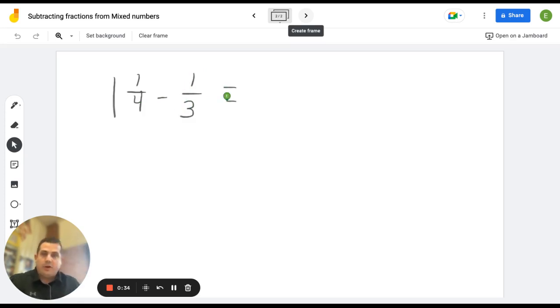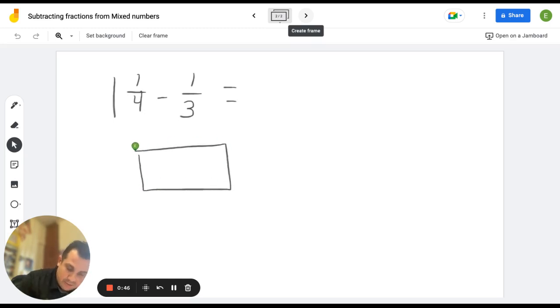1/3. All right, so the first thing we need to do, we went over, is we're going to model the 1 1/4. So I'm going to draw a rectangle here, and I know to model that 1 whole, it's very important for me to know I'm splitting this fraction into fourths. So to model that 1 whole, I'm going to draw 3 lines, which is going to split it into 4 equal pieces.